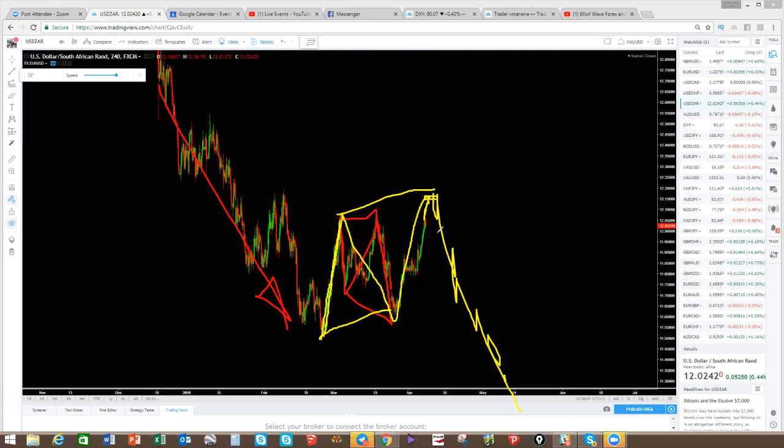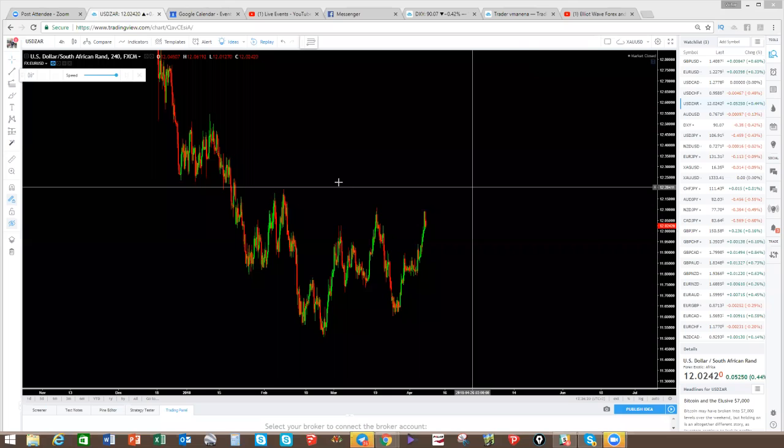Right now, the rand looks bullish short term up until around 12.15, 12.20. Okay, so it's not time to sell your ZARs yet, but for now we've got that move.